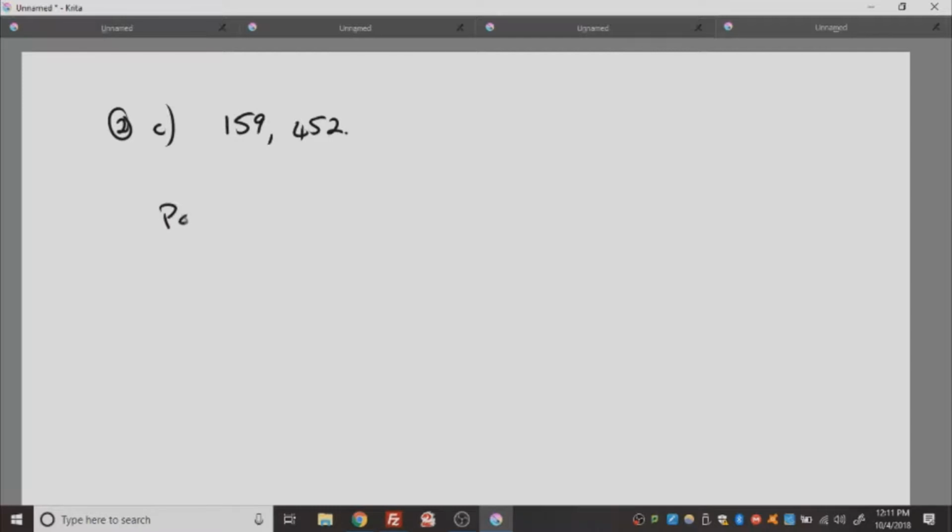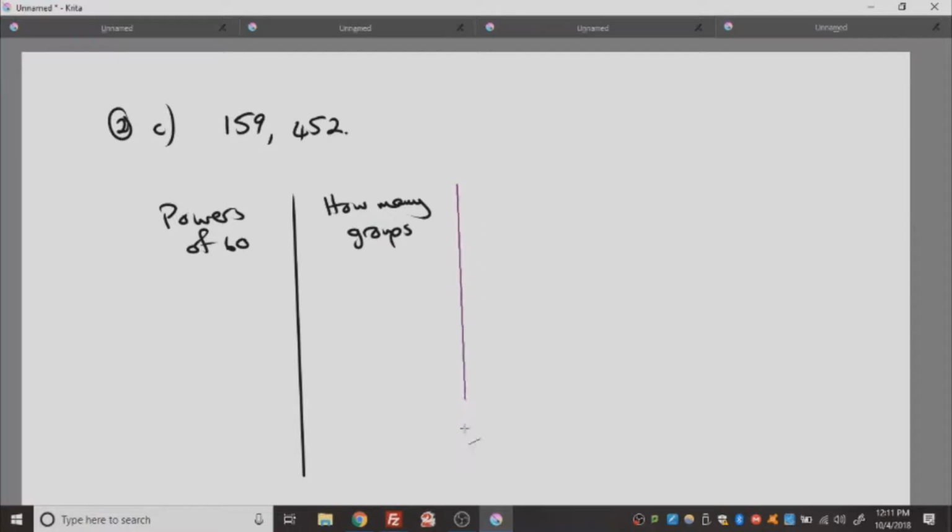So I go powers of 60. Then this is the table that I decided on. It's not that you have to. How many, or how many groups, or how many times, whatever you want to write. As long as you know what you're doing. What have I used?